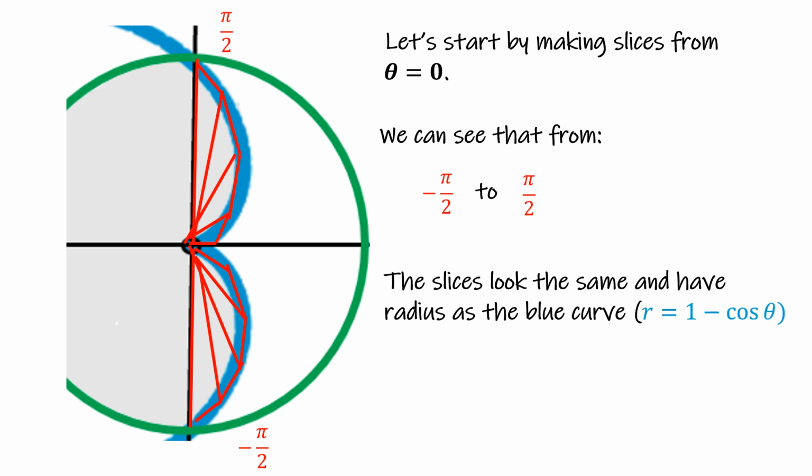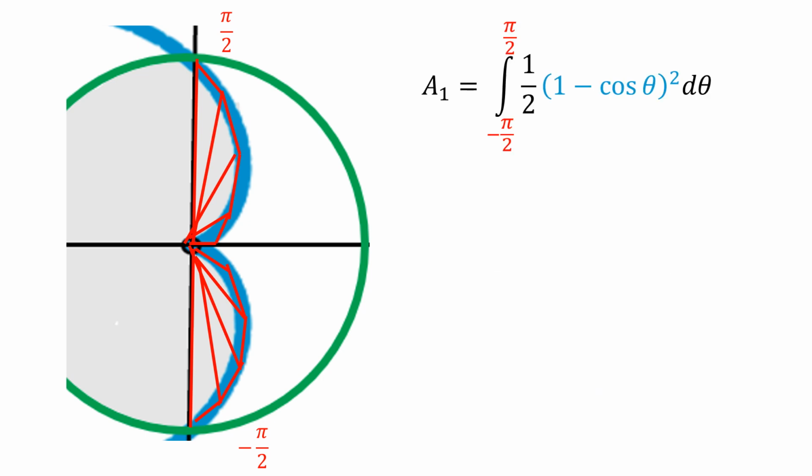They all have the same radius, and that is 1 minus cosine theta. So the area of this region would go from negative pi over 2 up to pi over 2 of 1/2 r squared d theta.